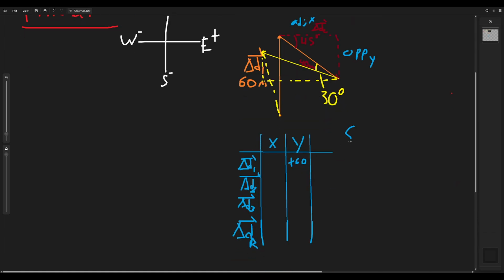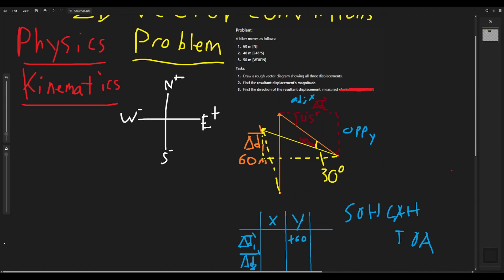For this, we can use SOHCAHTOA, which is an easy way to remember sine, cosine, and tangent relations to the sides of a right angle triangle. First thing to find the adjacent, we can use cos because with cos, we need the hypotenuse and the adjacent, and we have an angle, which means we can find the adjacent.